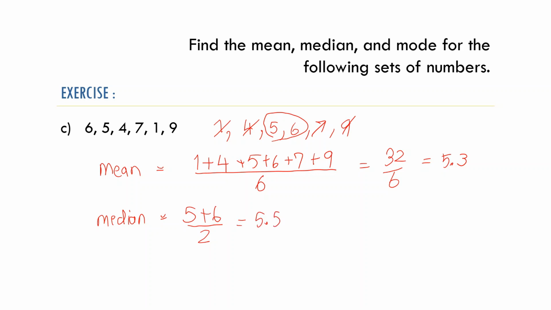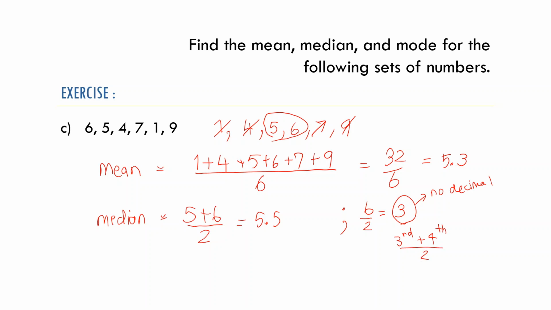Okay, so you can also use another option by using the number of data, which is equal to 6, divided by 2, and you get 3. And this number has no decimals. When you have no decimals, you have to use the third data plus the fourth data divided by 2.